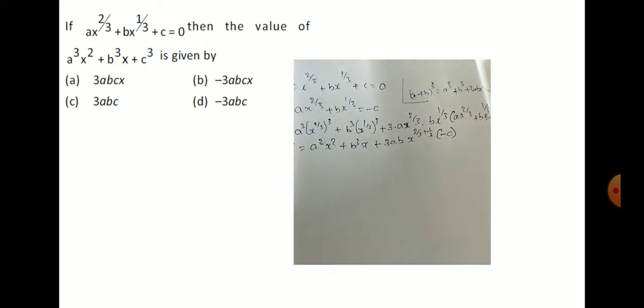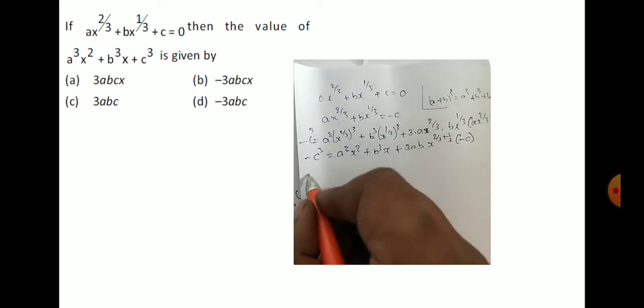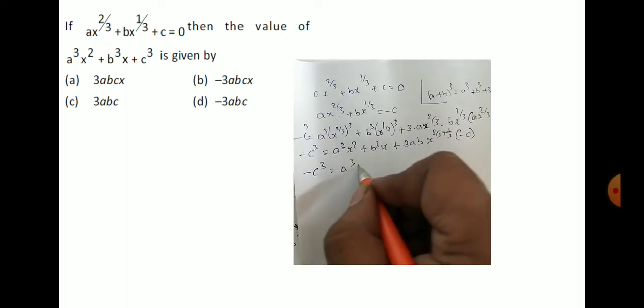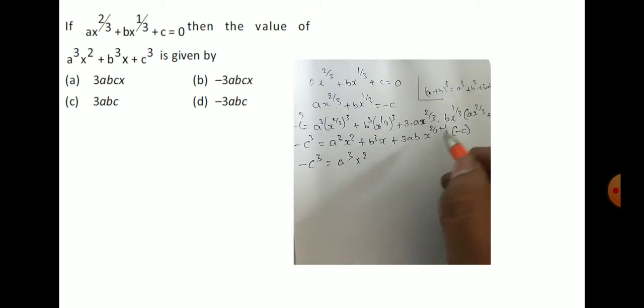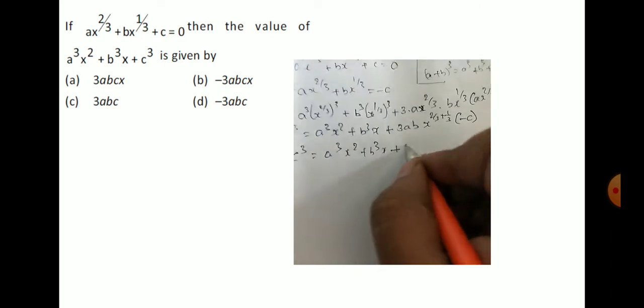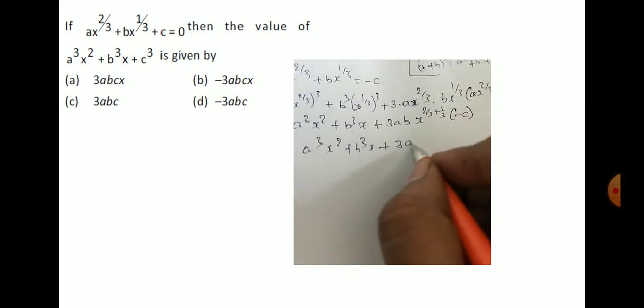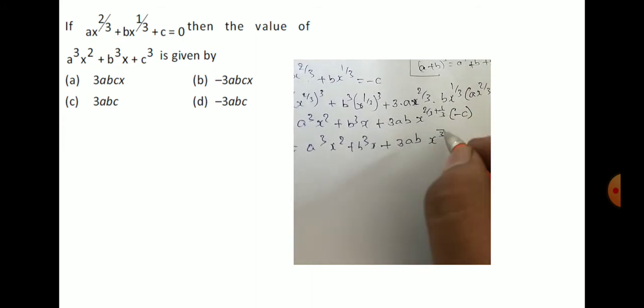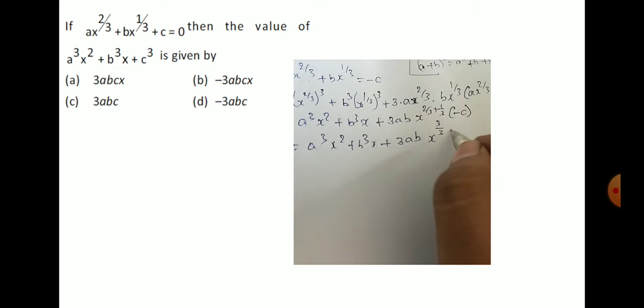Taking the LCM, minus c cube is equal to a cube x square plus b cube x plus 3ab into x power 3/3, into minus c.